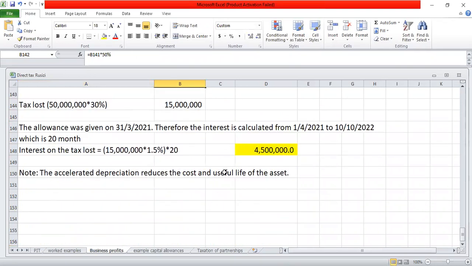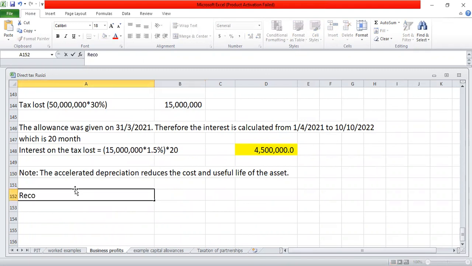It means they recognize the cost of the motor vehicle for tax purpose will be 100 million minus 50 million.